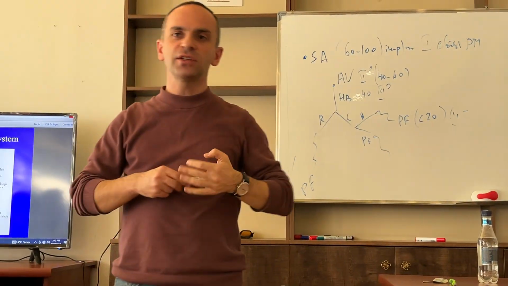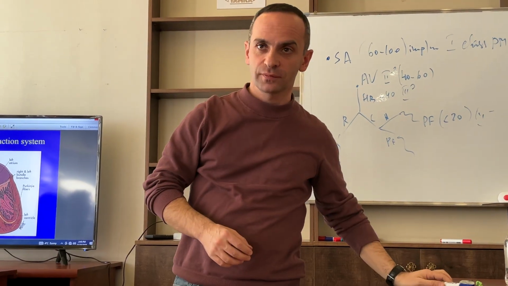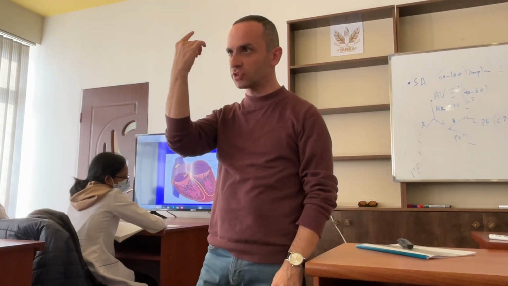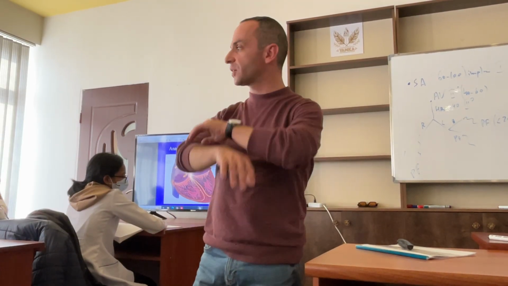But the heart is designed in a very wise way. Why is it working like this? There is a physiological principle called overdrive suppression, which means that higher structures suppress lower structures. The highest automaticity is in the SA node, so it suppresses all other parts.